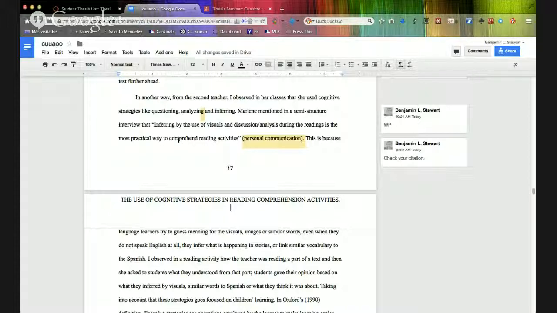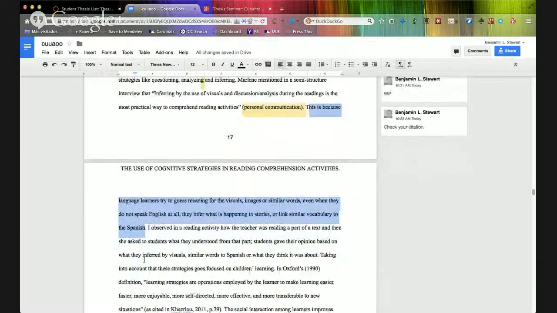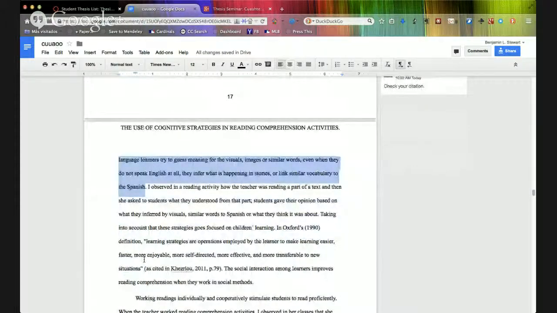Because taking into consideration that Marlene is a teacher in elementary school, the children learn very easily when they see images or visuals, and then the teacher to analyze. Okay, if you can include a citation to support this, or a citation to support that.